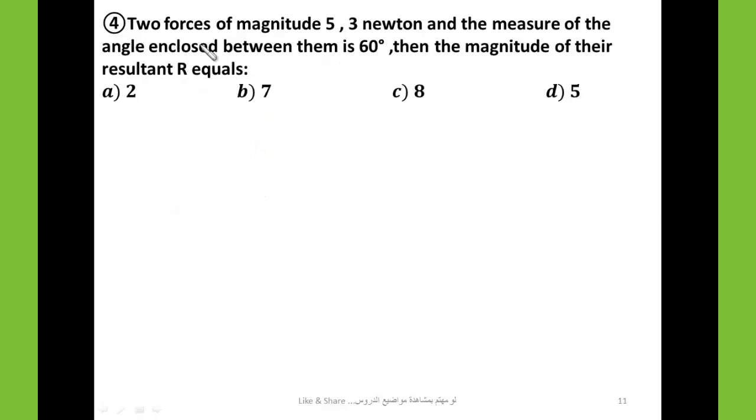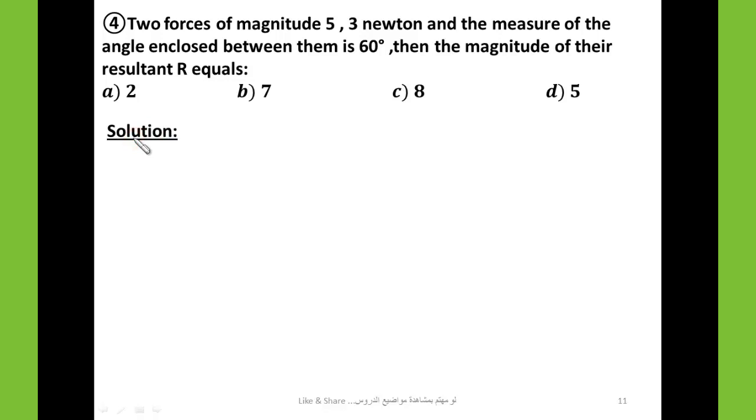For two forces of magnitudes 5 and 3 Newton, and the measure of the angle enclosed between them is 60, we have alpha equals 60. Then the magnitude of their resultant R equals.